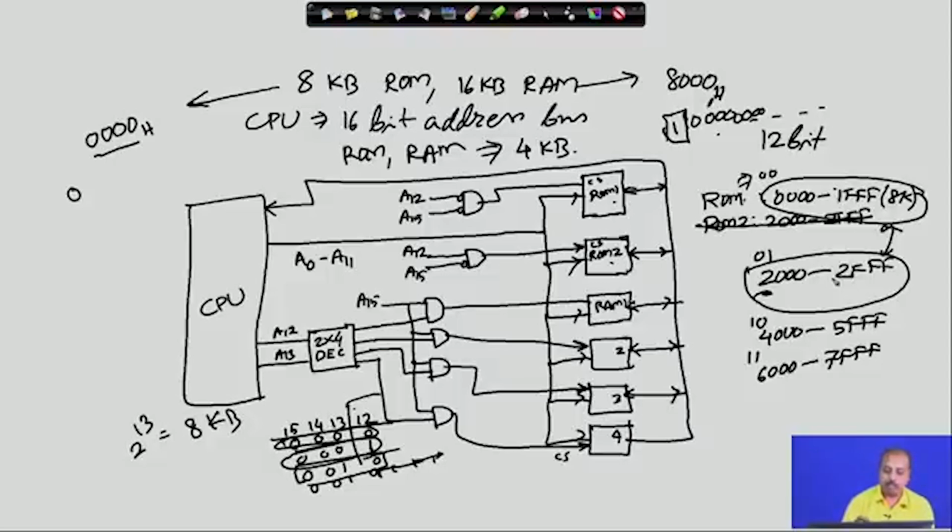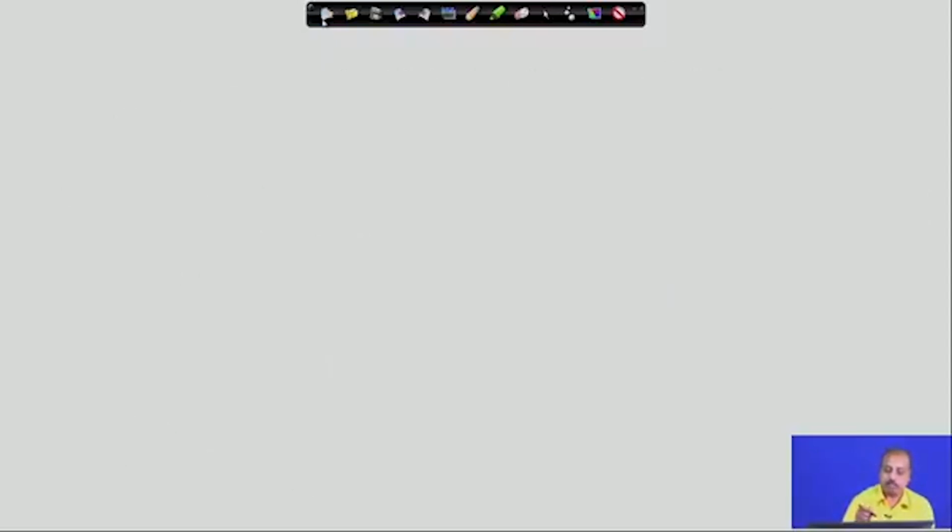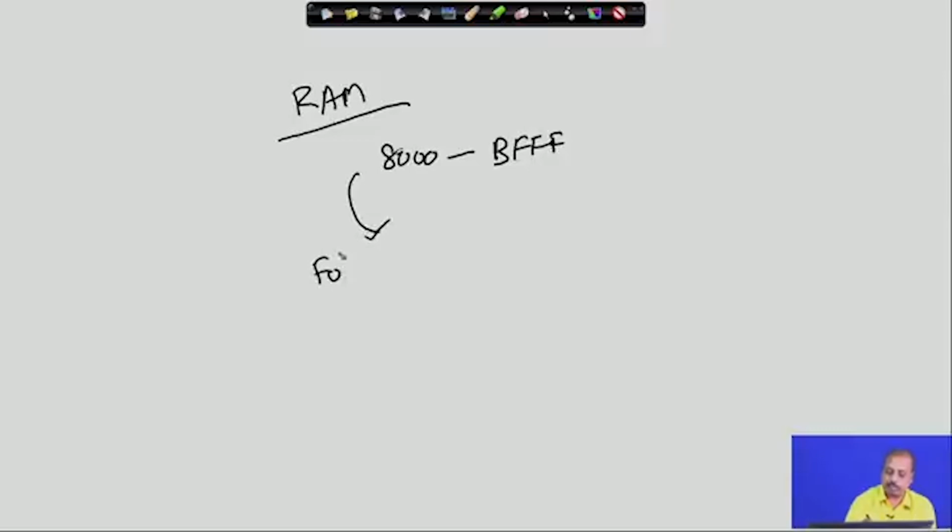Now, if you are looking into the RAM space that we have connected here, then this RAM will have the address range 8000 to BFFF as the first address space, and there will be another folded address space, which is C000 to FFFF.